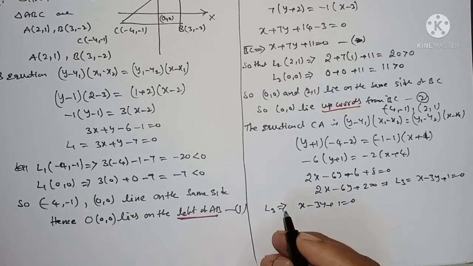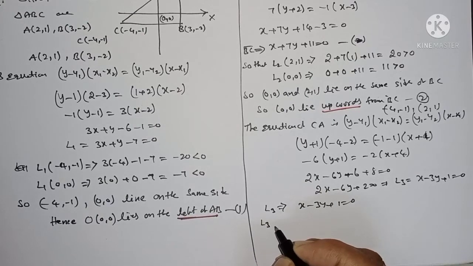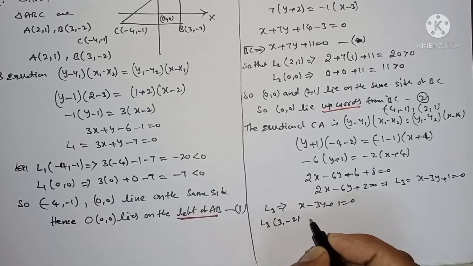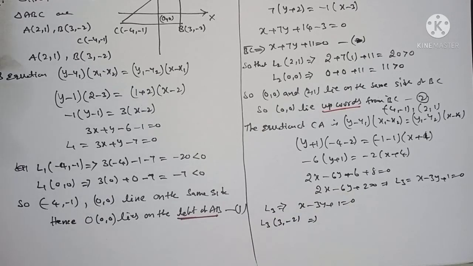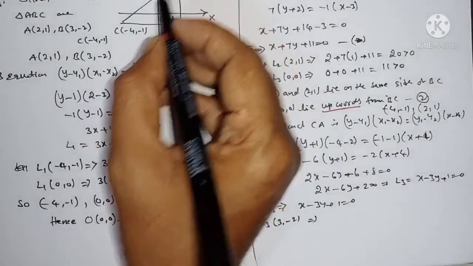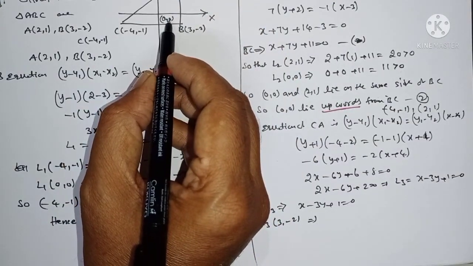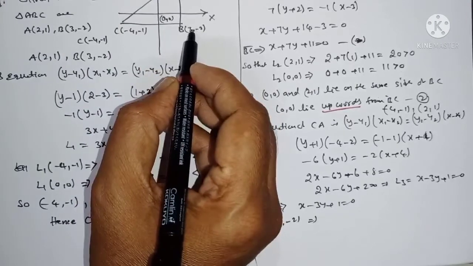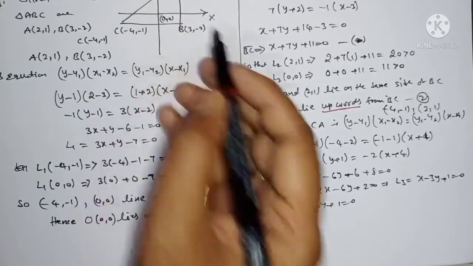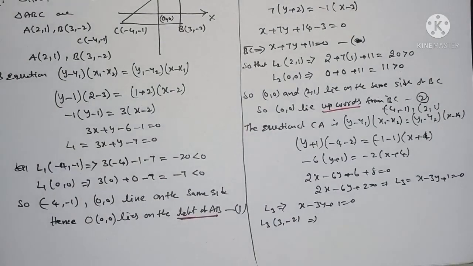Therefore, here also you can observe L3 of 3 comma minus 2 first. It is 3 comma minus 2 because it is the AC equation. You can observe here 0 comma 0. Both 3 times you can take 0 comma 0, and the remaining point is 3 comma minus 2, your CA equation.